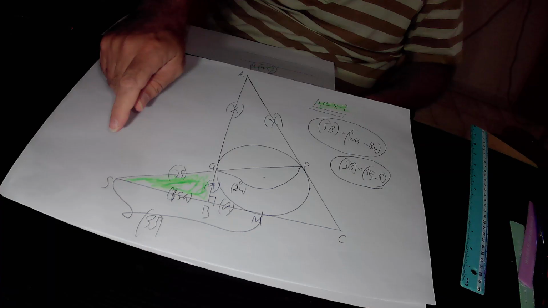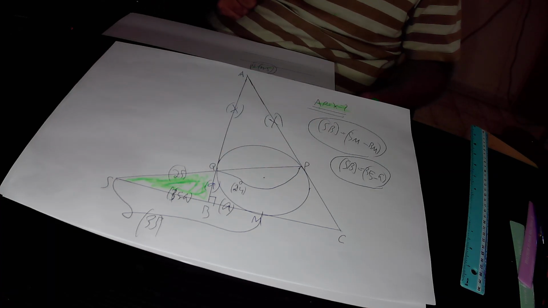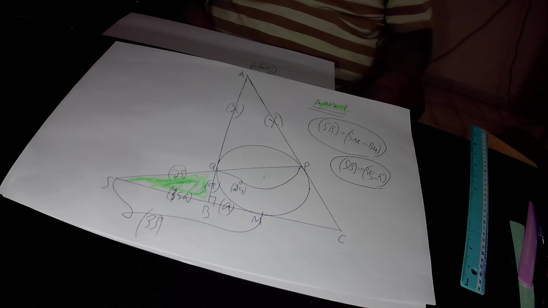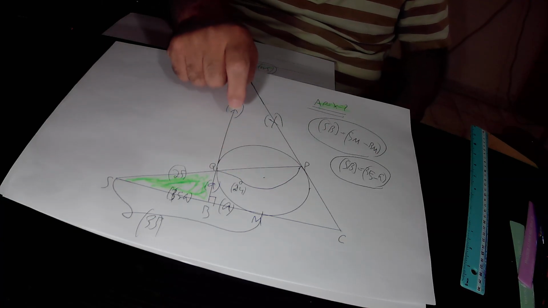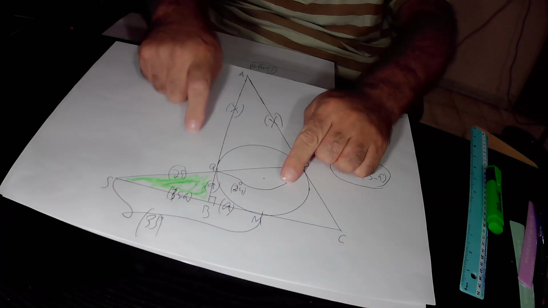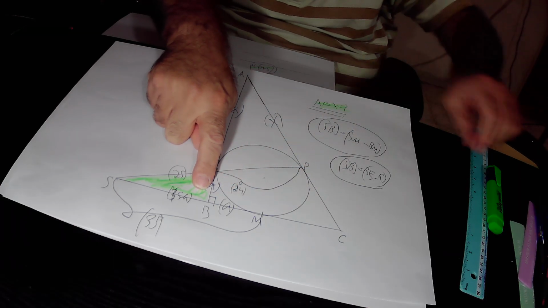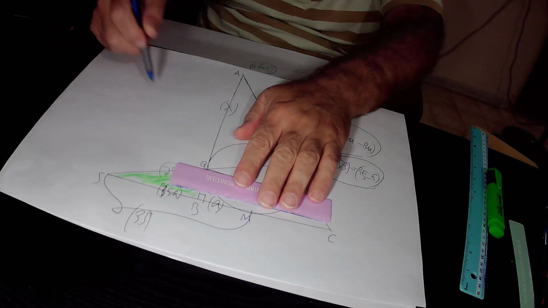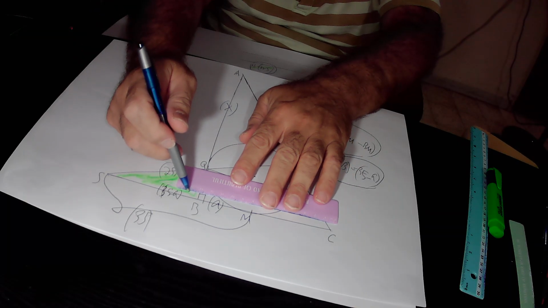So if we focus on the upper side of the straight line SM at point B, the sum of the angles must be equal to 180 degrees according to rule 3. Rule 3 says that the sum of the angles on one side of a straight line is equal to 180 degrees. So which angles do we have at the upper side of the straight line SM at point B? We have this angle that is a right angle, plus this missing angle, and the sum of those angles must be equal to 180 degrees according to rule 3. Therefore this missing angle must be equal to 90 degrees. So we found that the green triangle QBS is a right triangle.